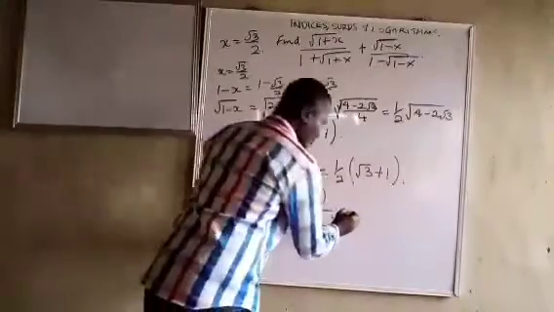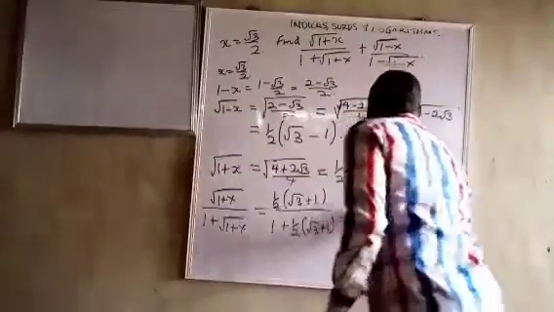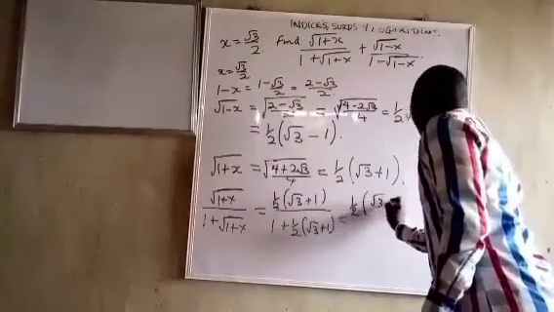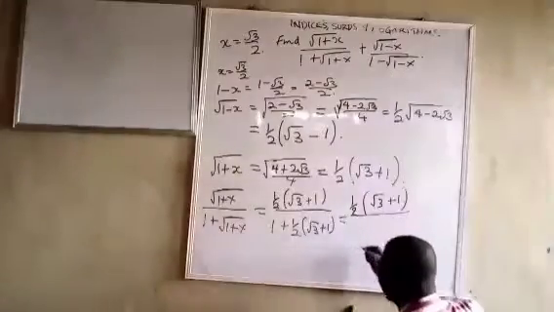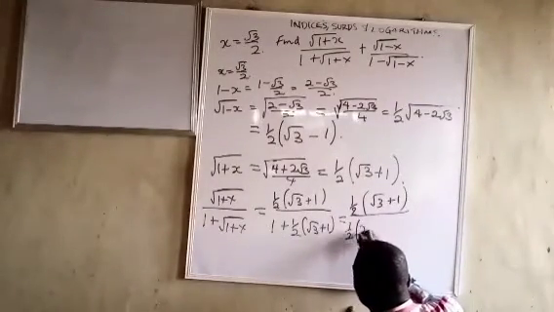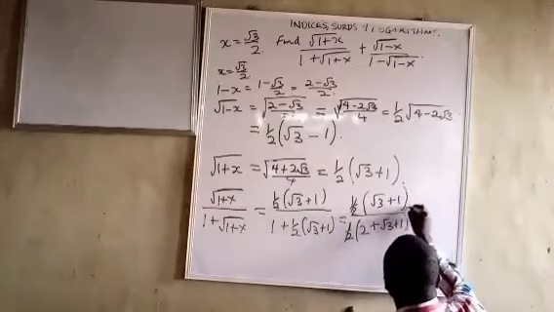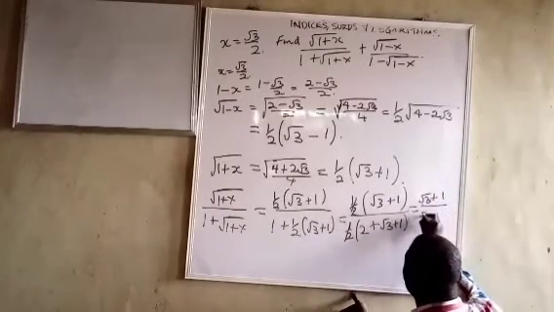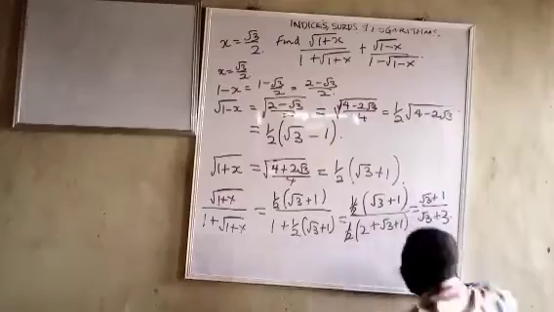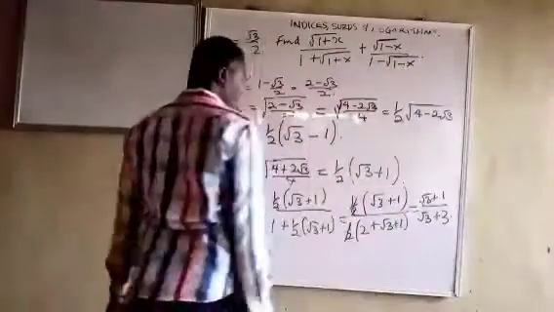And that will give us half into root 3 plus 1 over half into 2 plus root 3 plus 1. So if this one cancels this, we are going to have root 3 plus 1 over root 3 plus 3. Very interesting. For this one, we have root 3 plus 1, root 3 plus root 3.